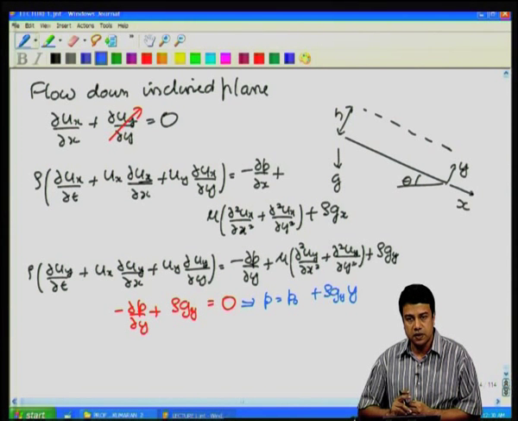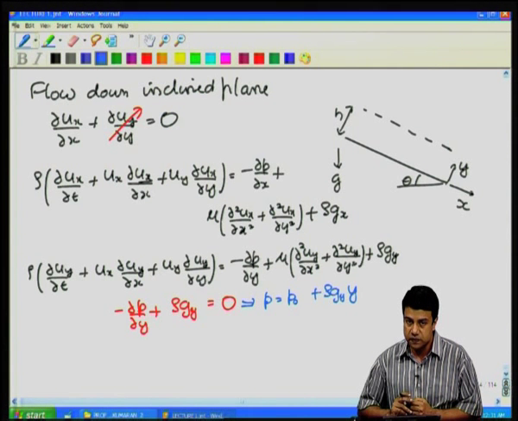This P naught, in general, is the value of the pressure at y is equal to 0. When I do the integration, I am integrating a partial differential equation with respect to y.